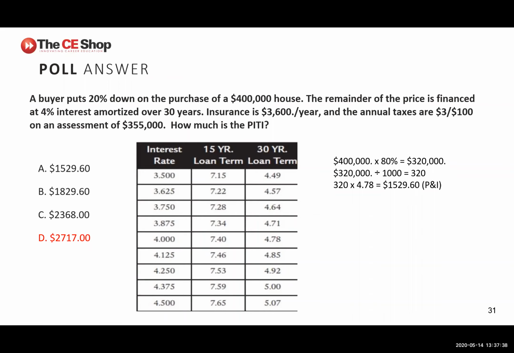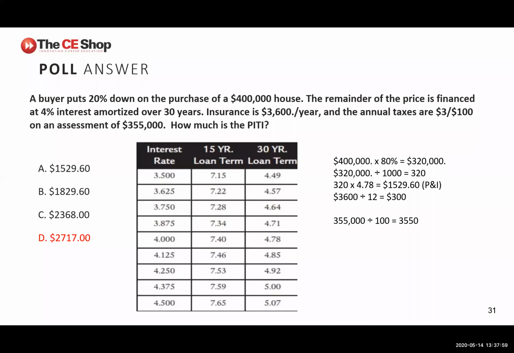Look at that. That's A, but you're not done yet. You take that $3,600 worth of insurance, divided by 12, that's another $300. Gee, now you're up to $1,829.60. So B would look like a good answer.